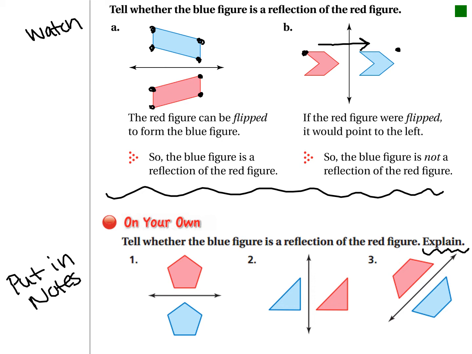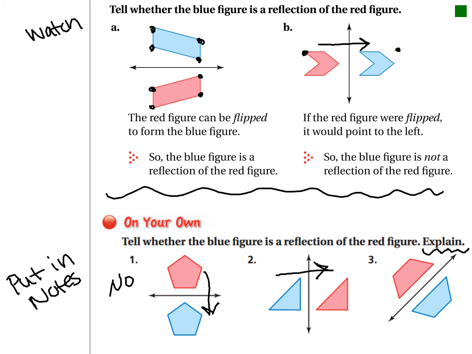Thank you for pausing your video. You should be checking your answers and the explanation why. The first one is no because it didn't flip. It just got moved. Translation is the word I would really like to hear when you are talking about why. All right, number 2 is also no because it just got moved to the right.